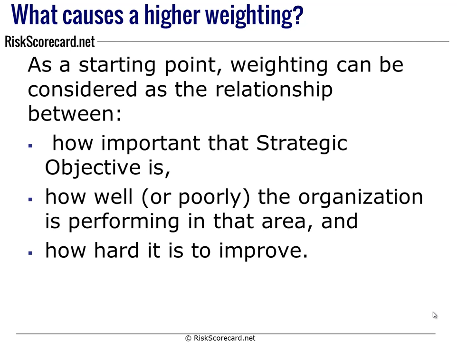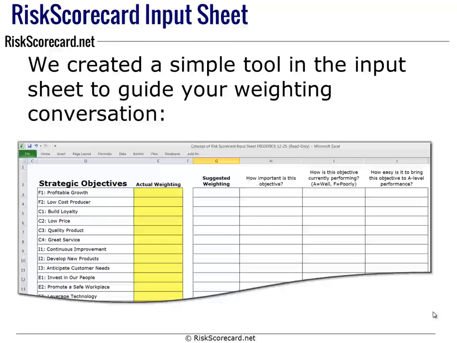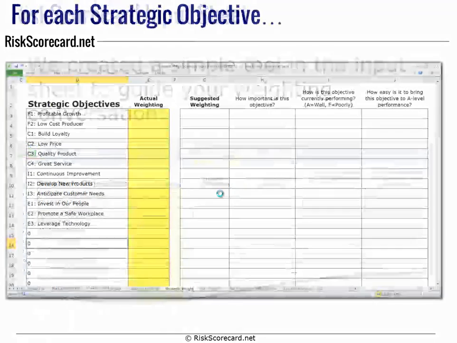And therefore we've built a spreadsheet that takes those into account. For the strategic objectives that we identified in the previous step, we're going to look at how important that objective is, how well we're currently performing, and how easy or difficult it is to improve, and that will give us a suggested weighting. Let's take a look.